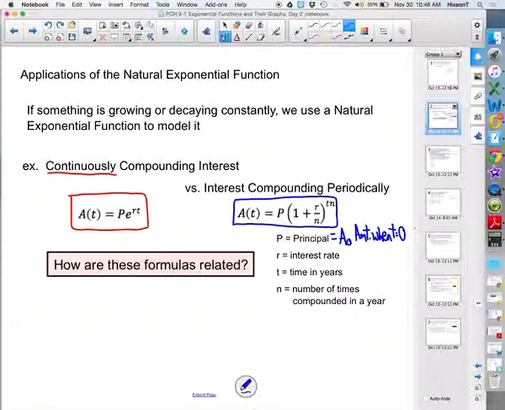Now, your interest rate is R. That's a percent, okay? And it's always going to be an annual rate, okay? When you're using these formulas, R needs to be an annual rate. That means it's a rate for a whole year, okay? So I mentioned earlier, a credit card might charge you 24%.